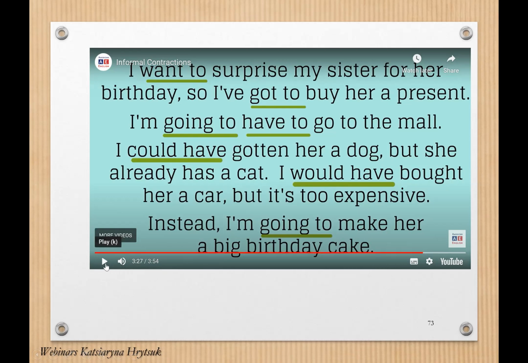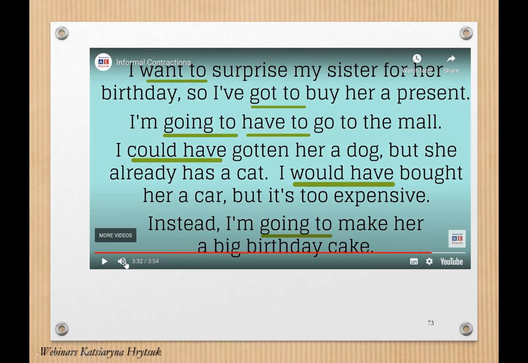I would have bought her a car, but it's too expensive. Okay, let's read. I would have bought her a car, but it's too expensive. Yes.